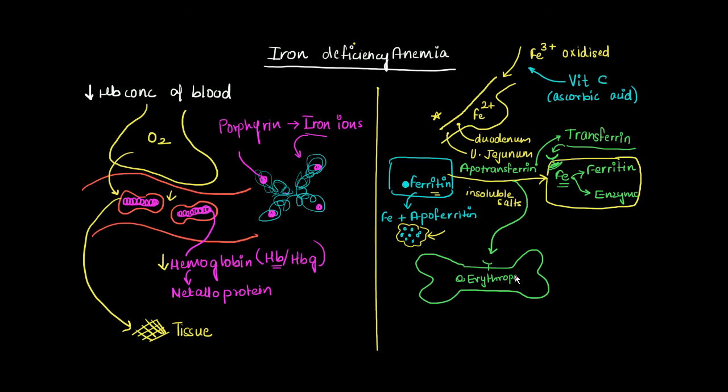Erythropoiesis is nothing but the formation of blood cells. Here the blood cells are forming and iron is getting incorporated in those blood cells, and you will see that most of the iron is now becoming part of hemoglobin.